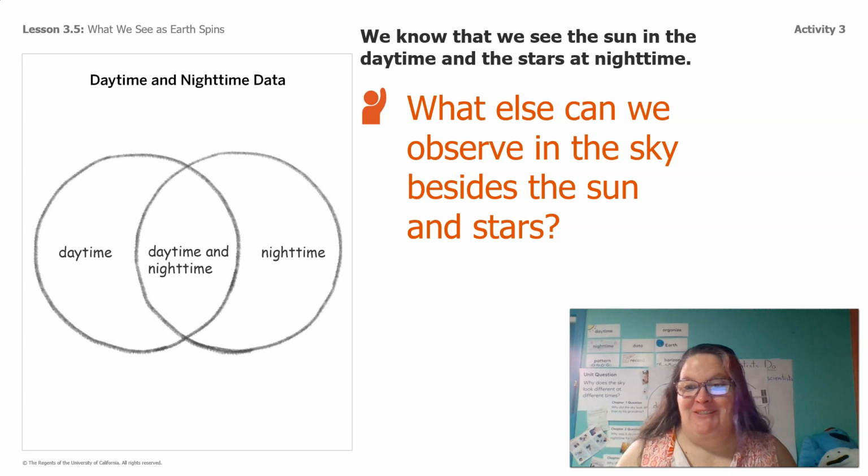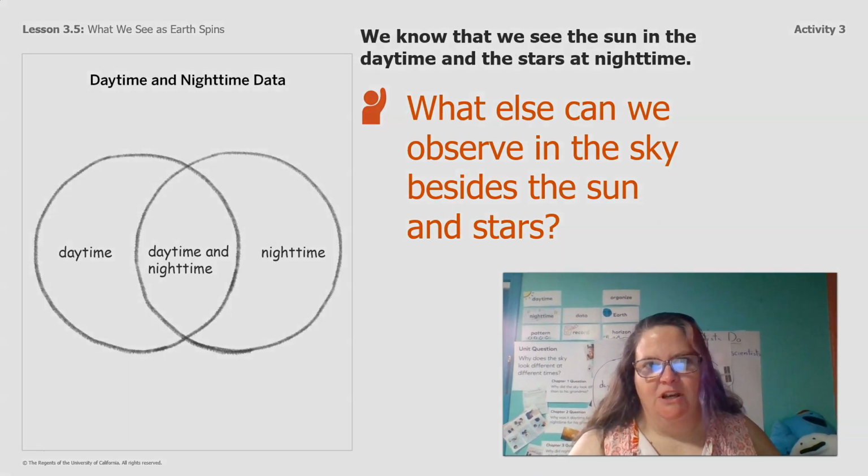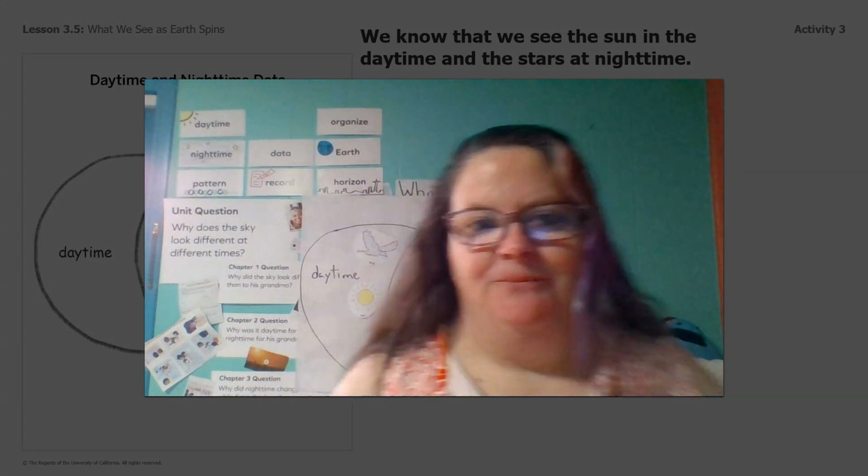We're going to go kind of in the Wayback Machine and look at our chart that we made way back in chapter 1, our daytime and nighttime data, to see if we can remember what else we observe in the sky besides the sun and the stars. Let me give you guys a second to look at our chart and see if we can figure it out.